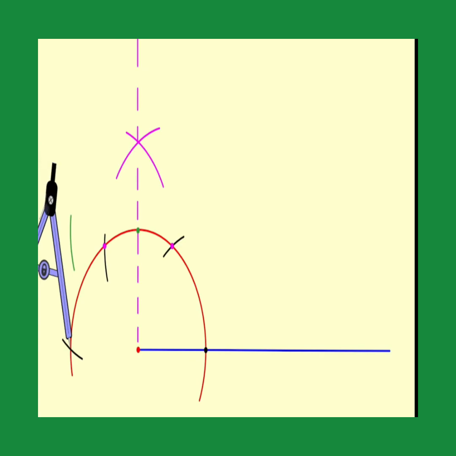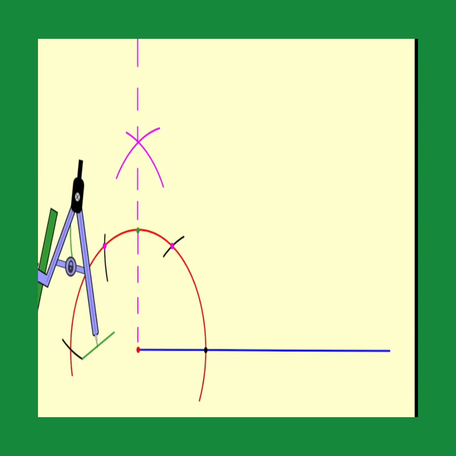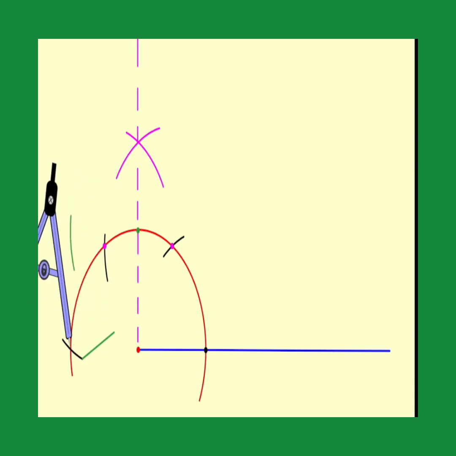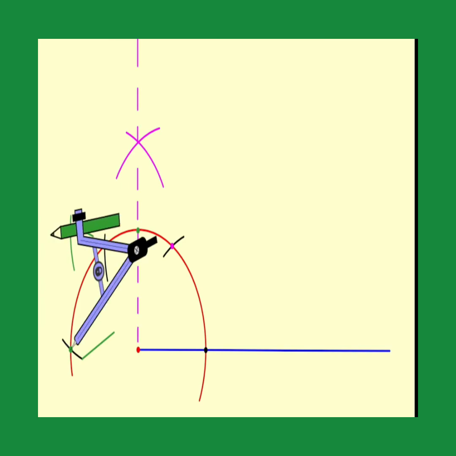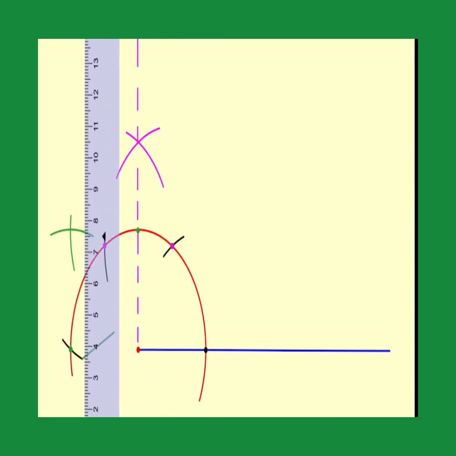And what to do after this? You will place the pointer of the compass as you see, and then you will mark the next arc. If you join this intersection point, then you will get angle 135 degree.